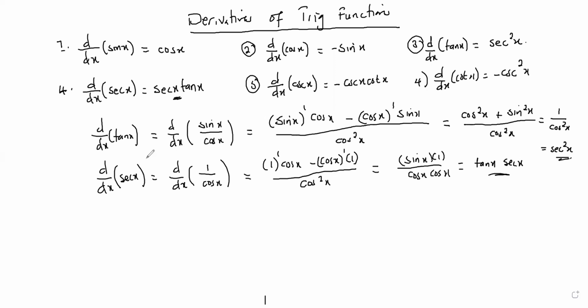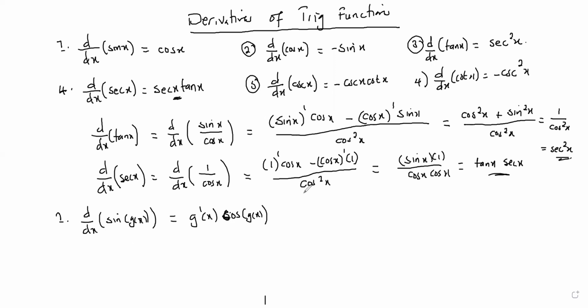Then the other key things that we need, the most key ones now, is maybe a situation where we are dealing with the derivative of sine of a function inside. Okay, so this derivative is going to be the derivative of that function inside multiplied by the derivative of sine, which is cos, and then we put the function.